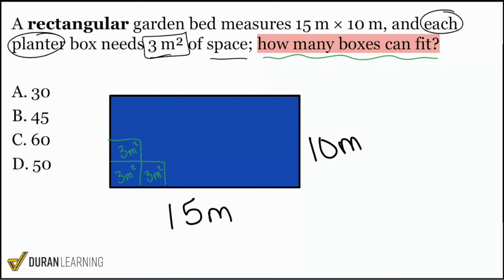So, what is it that we're doing here? We are going to take the area of the garden and divide it by the area of the planter box. That's what we're trying to do. Because if we are able to divide the entire area by the area of each planter box, we're going to figure out how many planter boxes we can fit in the entire garden.